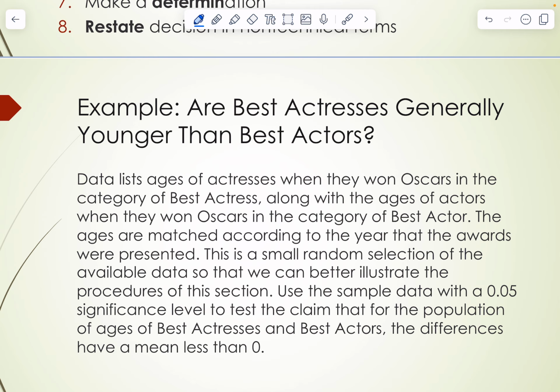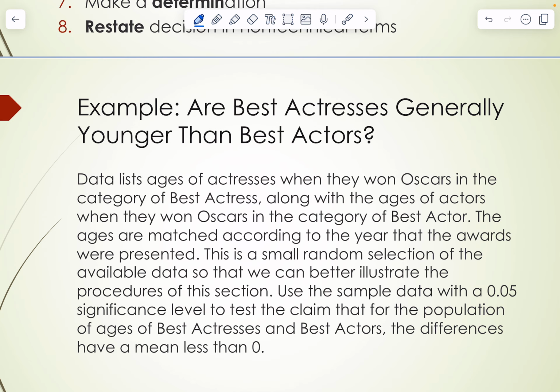So we would just want to take a sample. Use the sample data with a 0.05 significance level to test the claim that for the population of ages of best actresses and actors, the differences have a mean less than 0.